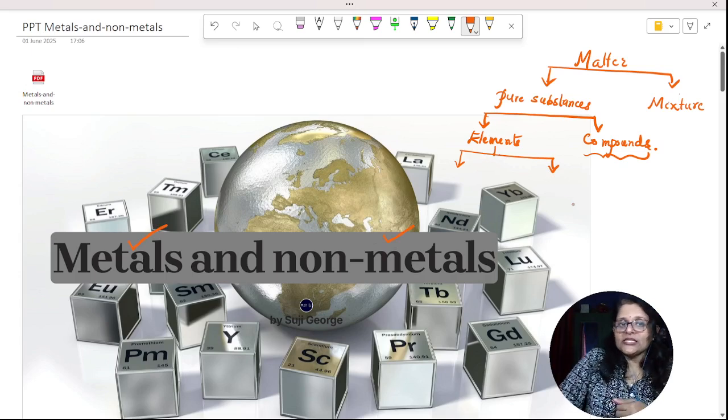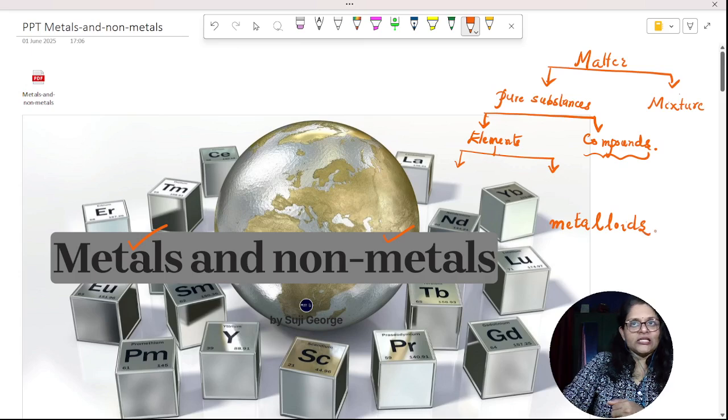In the periodic table, you can find metals on the left-hand side and non-metals towards the right-hand side. And in between, there are a few elements which have both the characteristics of metals and non-metals, and those are called metalloids. I'm sure that you all know about all these things.